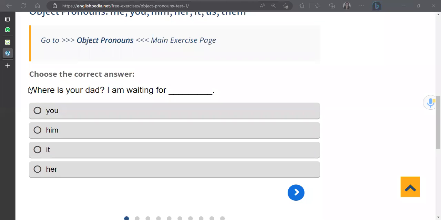Okay, so here we have the information. Where is your dad? I'm talking about the dad. So what is the object pronoun that I use? Him. Okay, good.